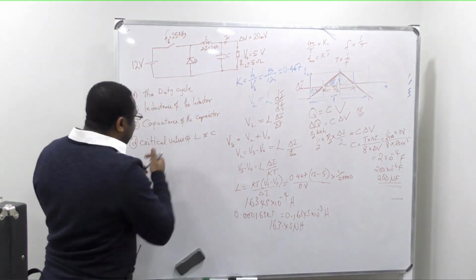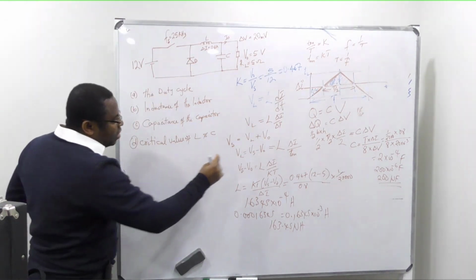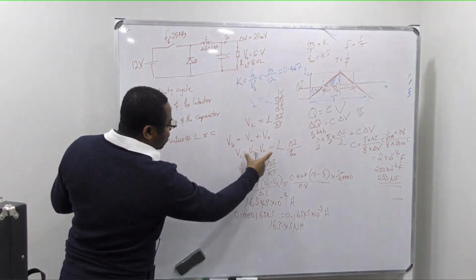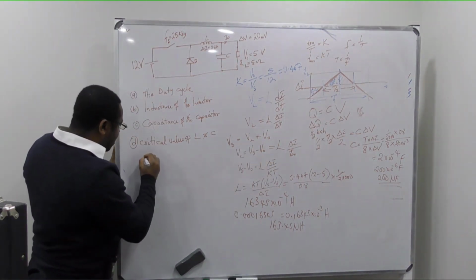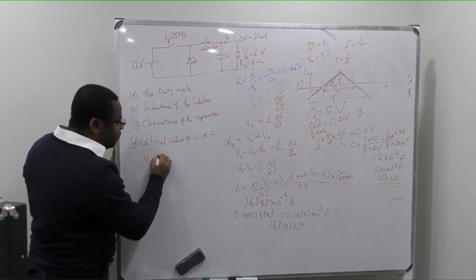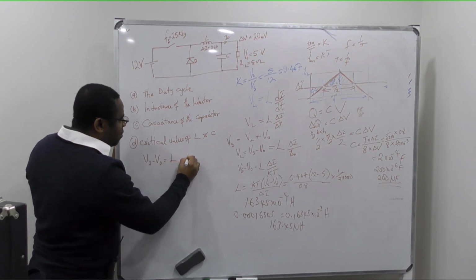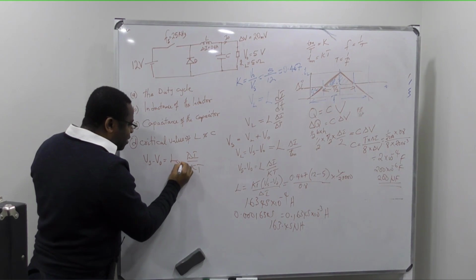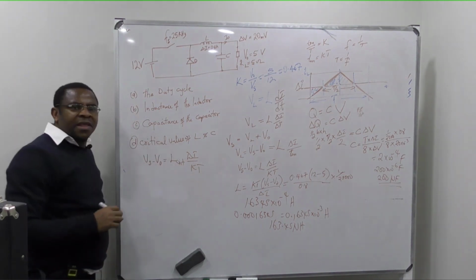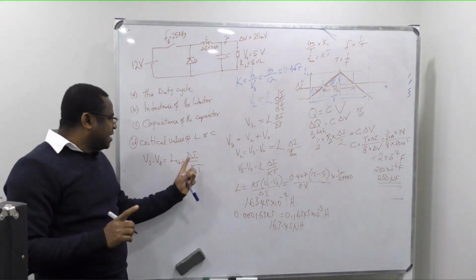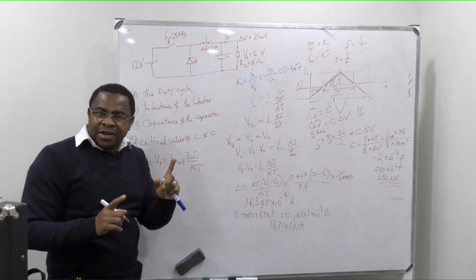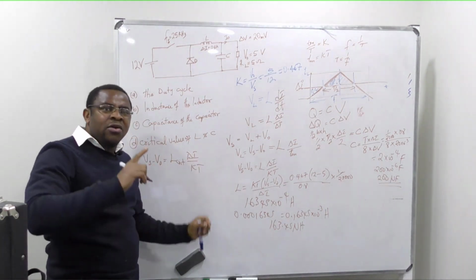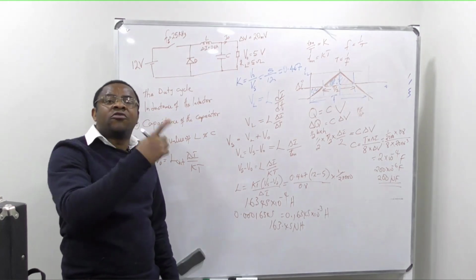So now the critical value of inductance, just from the same equation that we have, that Vs minus Vo equals L delta I over Kt. We are looking for the critical value of that. Now, just note this, that at critical value, delta I will be twice the output current.